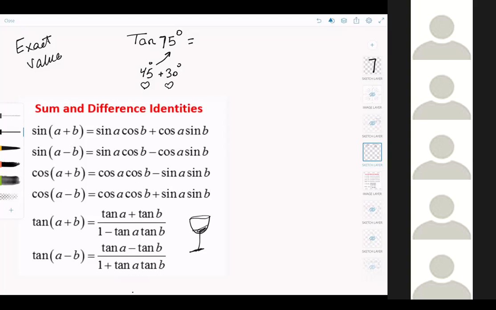And pick a formula which is related to tangent of 75. Which formula do we pick? 1, 2, 3, 4, 5, or 6? Which formula do we pick?